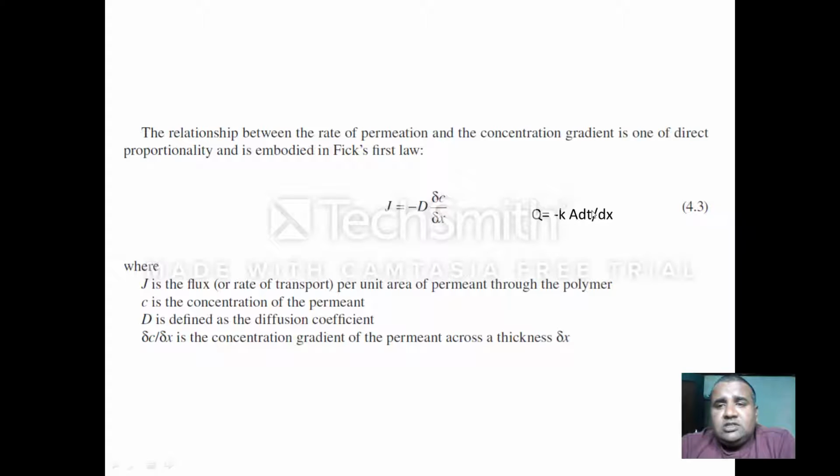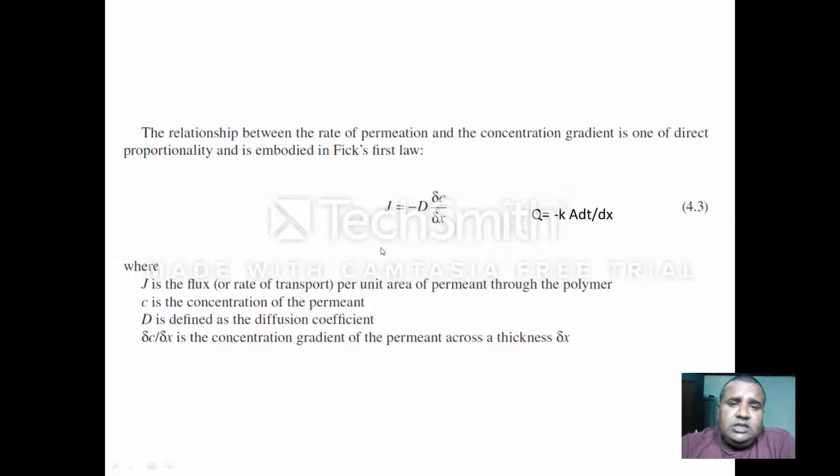This equation explains the rate of heat transfer. According to it, Q is the rate of heat transfer. It depends on the temperature difference divided by dx, the thickness. The higher the thickness, the less the heat transfer. The higher the temperature gradient, the higher the Q. And it also depends on a constant known as thermal conductivity.